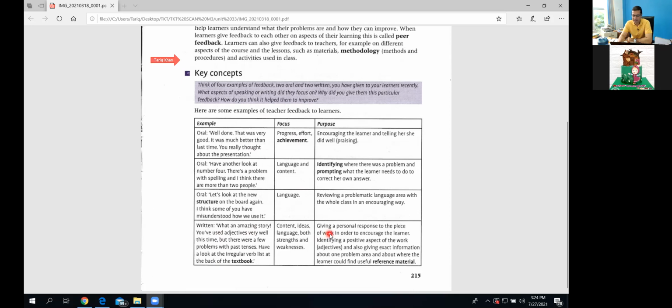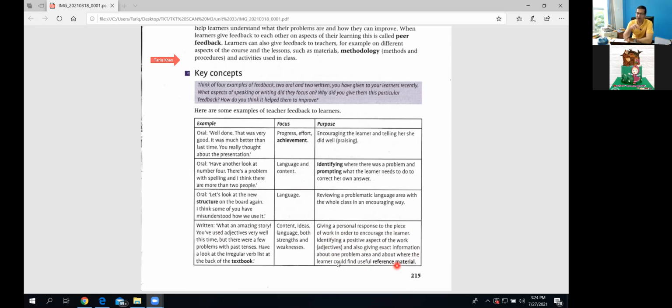Here it is giving a personal response to the piece of work in order to encourage the learner, identifying a positive aspect of the work, the adjectives, and also giving exact information about one problem area and where the learner could find useful material.